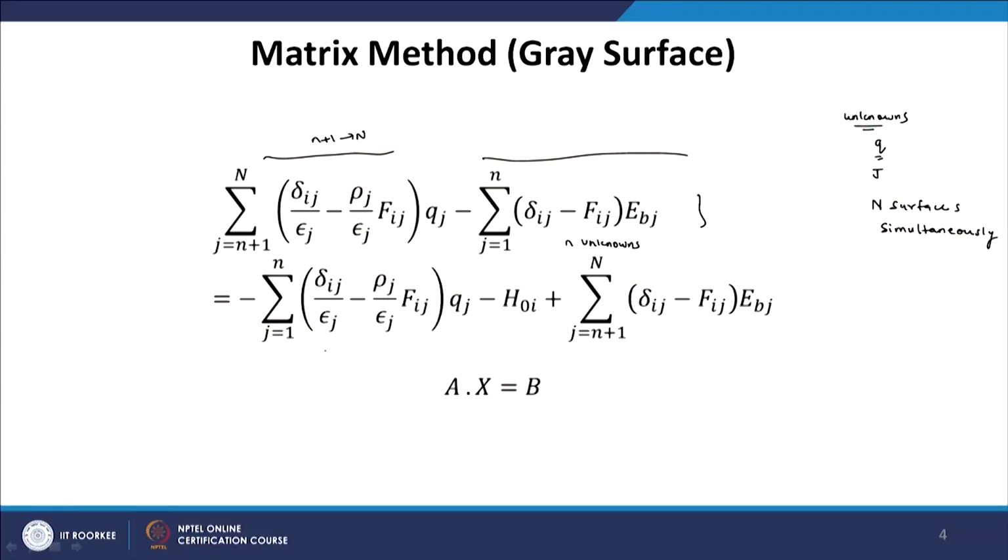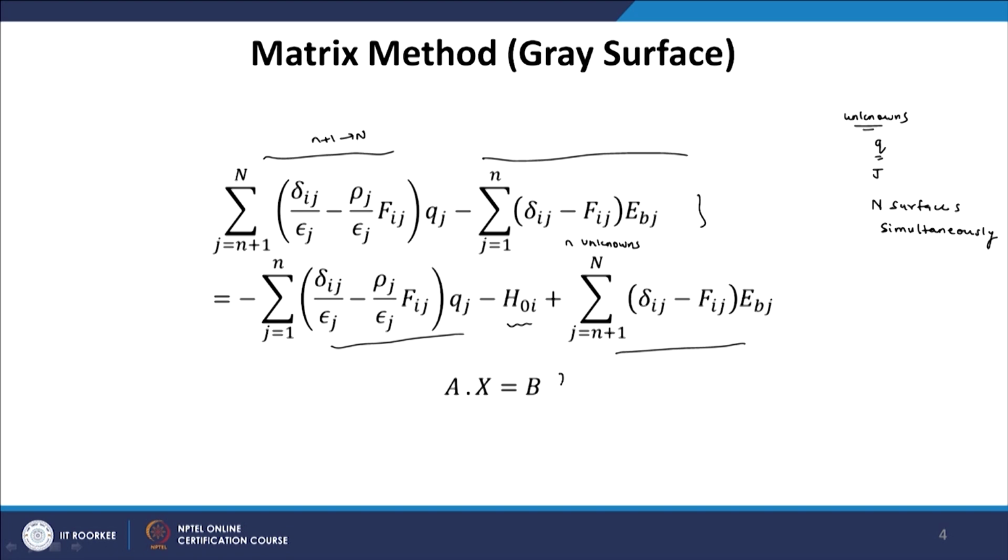So, we have to solve simultaneously for the unknown fluxes and the MSC power. Okay. So, the right hand side contains the known terms. We know the heat flux for the first n surfaces, so the first term on the right hand side is known, external irradiation is known, and the last term on the right hand side is the MSC power, because the temperature for surfaces n plus 1 to N is known. So, this term is also known.